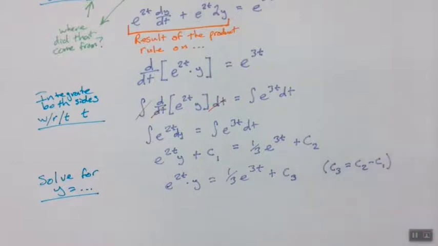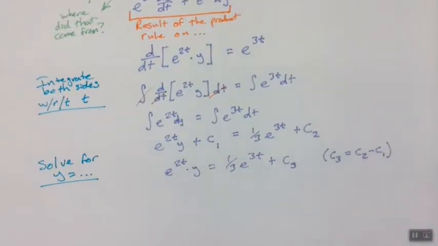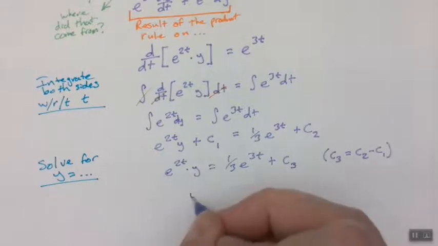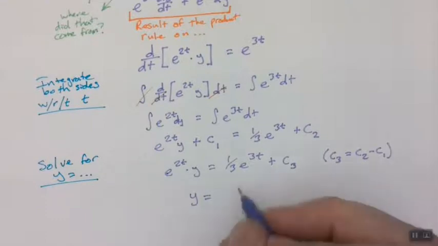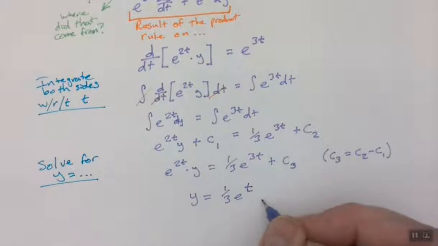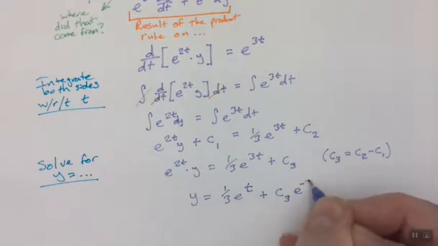I'm just keeping track of my constants in case there's any question later on. And last but not least, I'm going to divide by e to the 2t, or you can think of it as multiplying by e to the negative 2t. And I wind up with 1/3 e to the t plus a constant times e to the negative 2t.